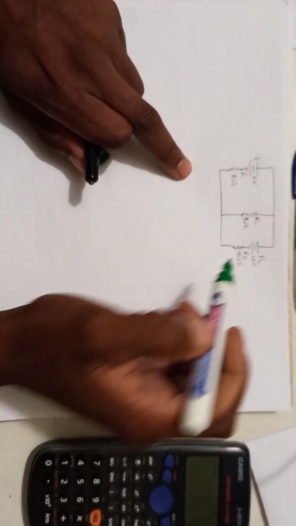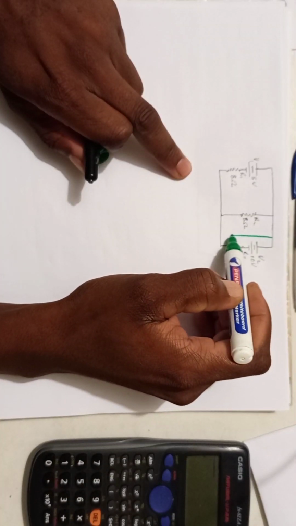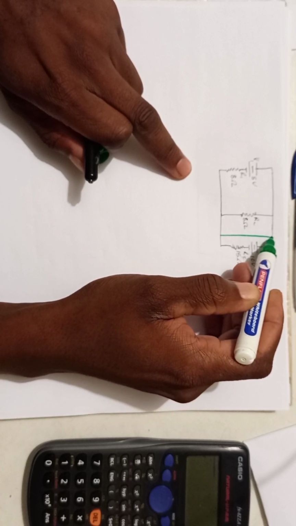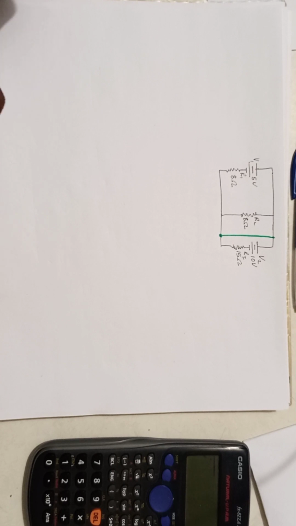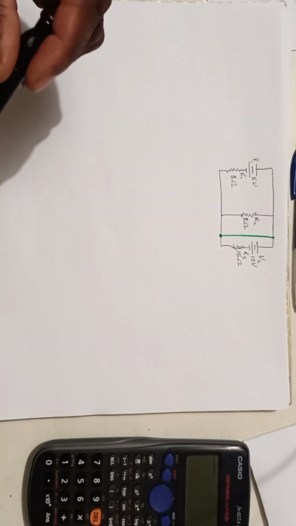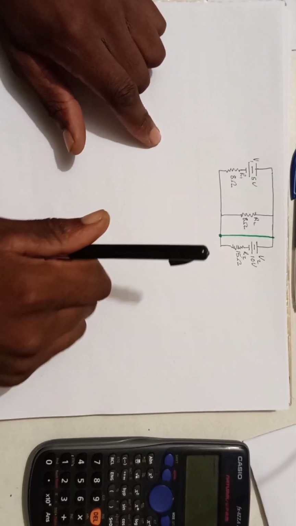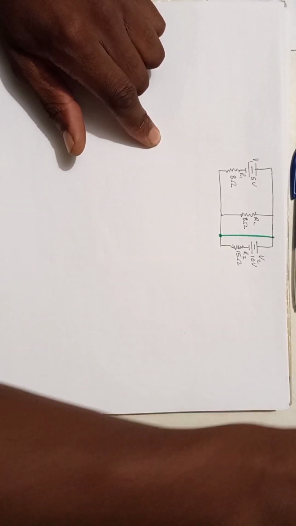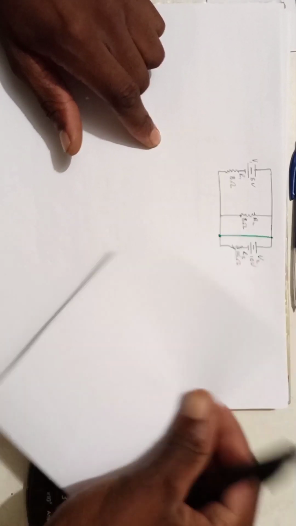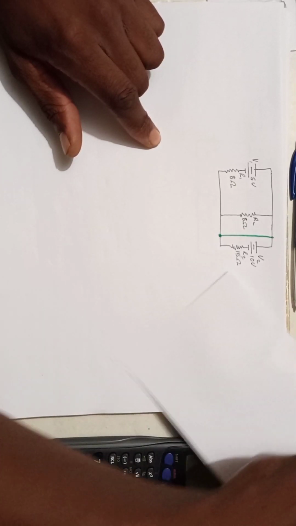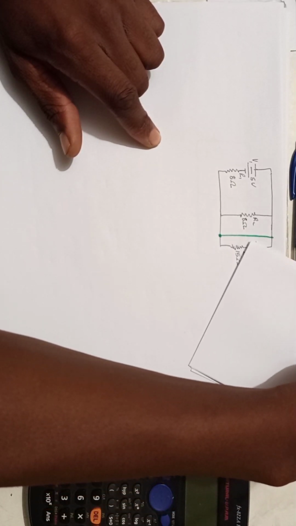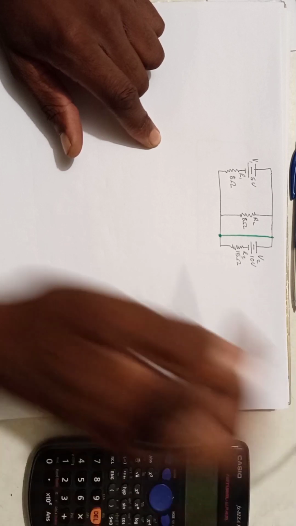This is what I'm just gonna do. We know that on superposition, the first thing we do is we short the first cell. We short the other cell and work with the first cell. So we will treat the cell as if it's not here.